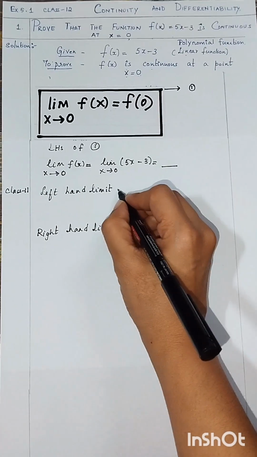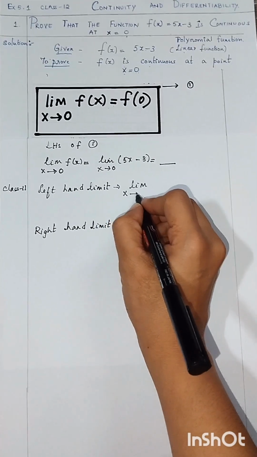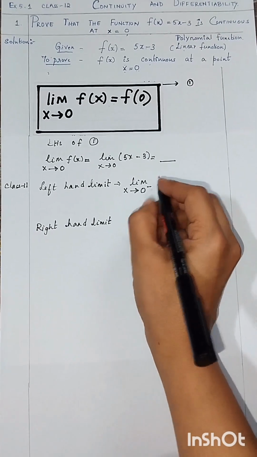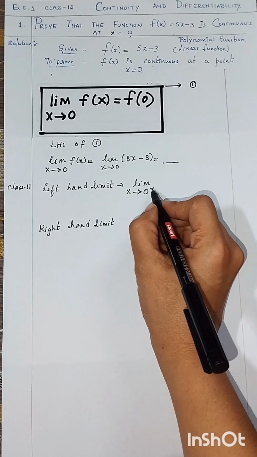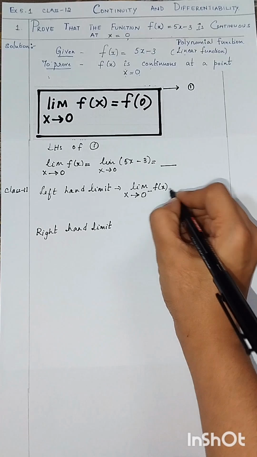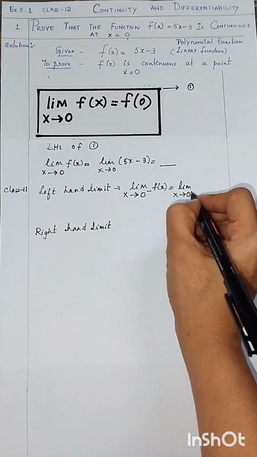So the left hand limit, how do we write it? Limit x approaches 0 minus, so minus indicates the value is approaching from the left side, that I will explain in the graph. Now f of x is equal to limit x approaches 0 from the left.